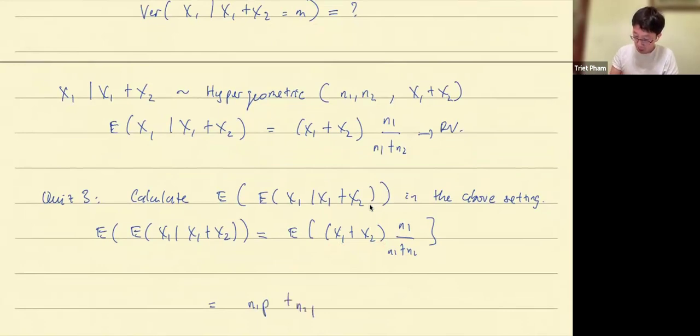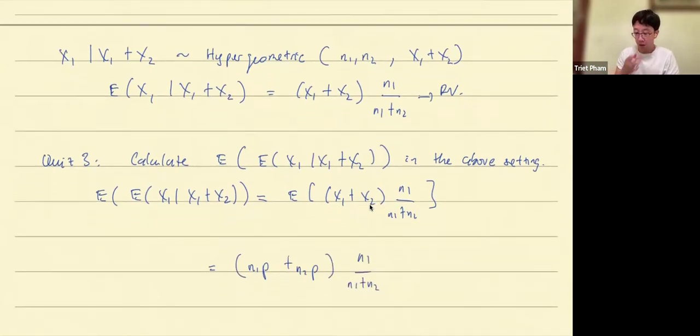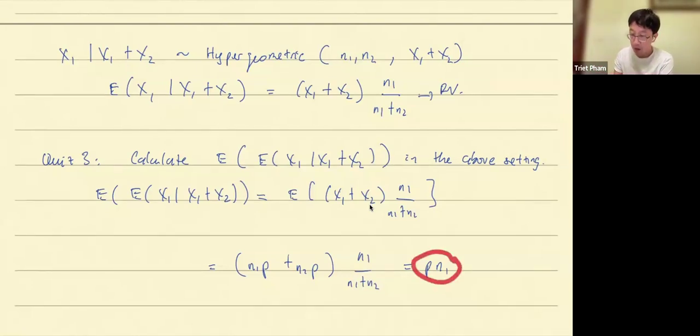Similarly for x2. But the p can factor out. So the final answer is that. But it's not just an answer, it's a number. What do we know of this? What is this?